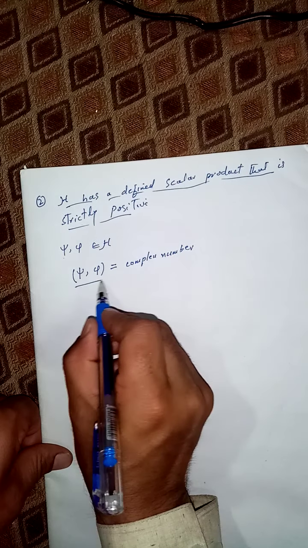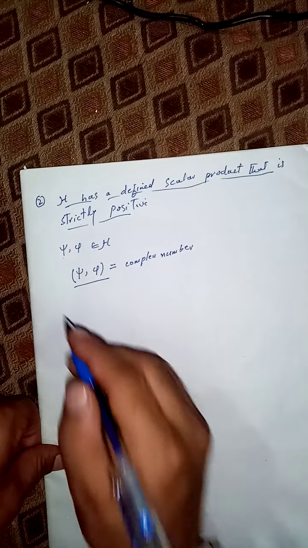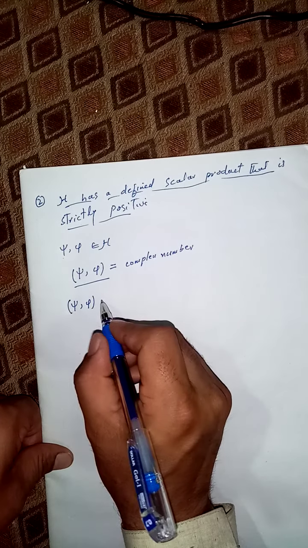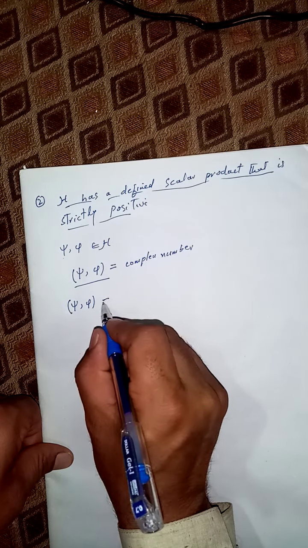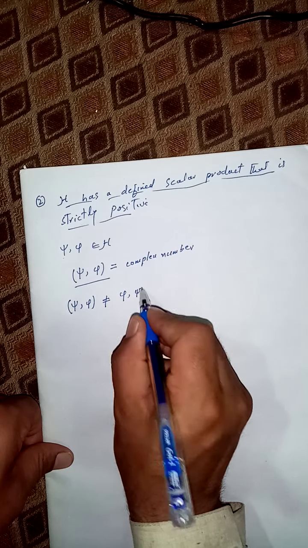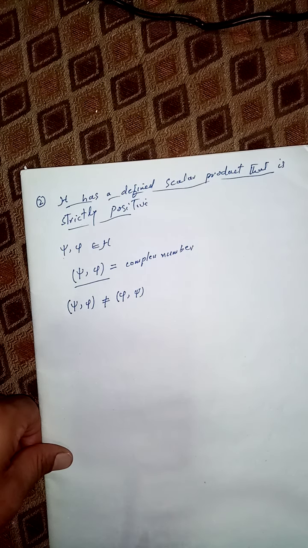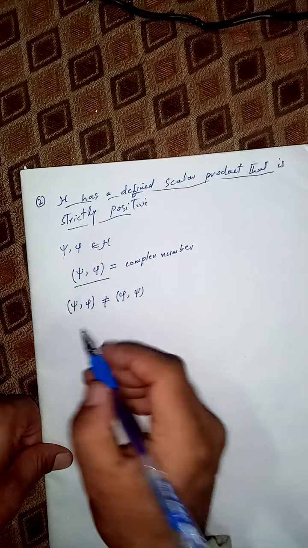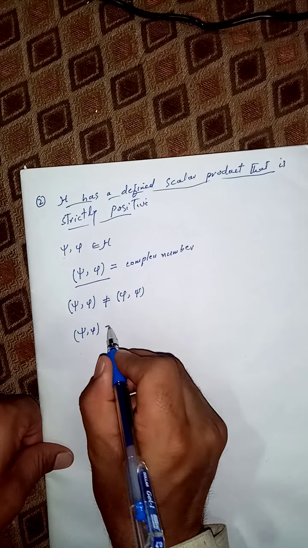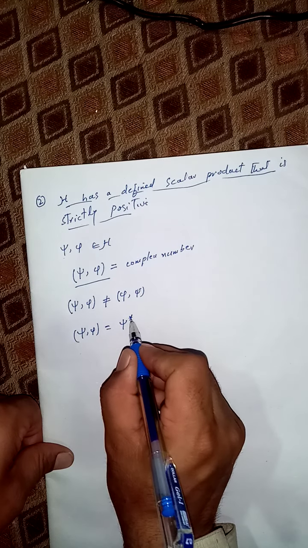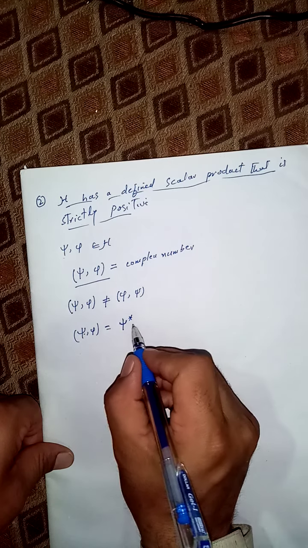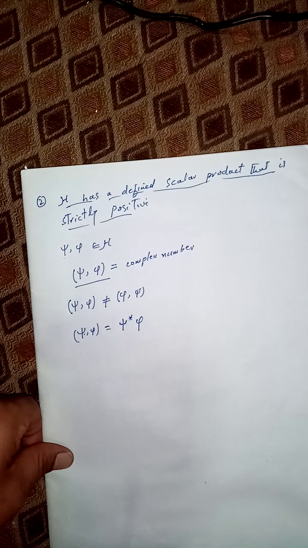Since the scalar product is a complex number, it means that psi over phi is not equal, in general, to phi over psi. Why? Because the scalar product psi over phi can be represented as psi star, the complex conjugate sign, okay? Taking the complex conjugate of the first function and then multiplying it with the second function.